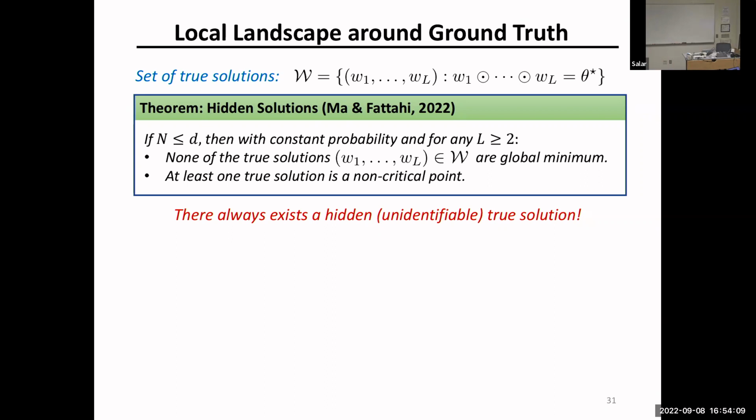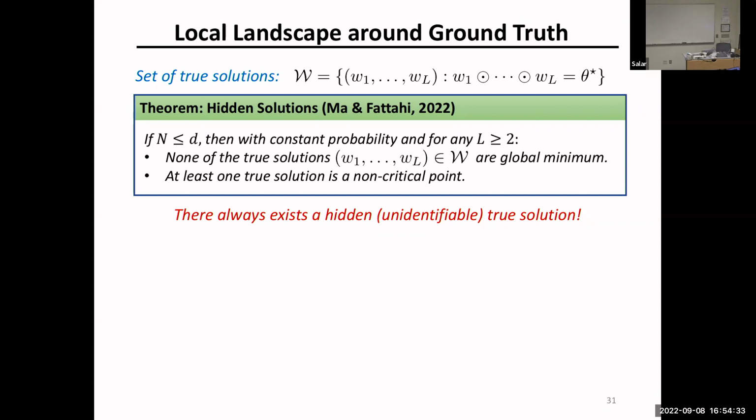By true solution, what do I mean? All the W1, W2, all the way to WL, such that their product is equal to the true solution. Not only that, there exists at least one true solution from this set that is not a critical point or a stationary point of the landscape.